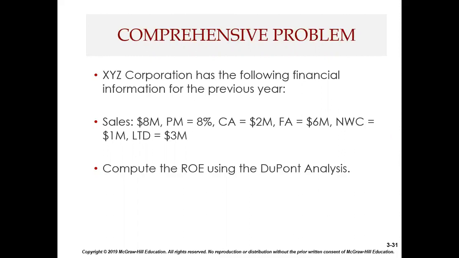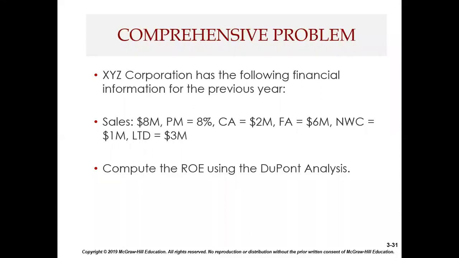That's still 8. Net working capital is 1 million. Remember how we get net working capital? Current assets of 2 minus current liabilities. So if our net working capital is 1, our current liabilities are 1. So to get equity, we have to take the 8 million in total assets minus the 1 in current liabilities minus the 3 in long-term debt. Sorry about that. So 8 minus 4.